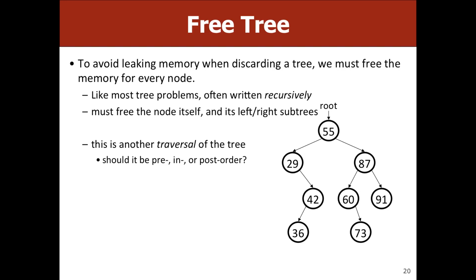I don't know where they came up with pre and post though. So if you are trying to check if your tree is a binary search tree, maybe we should be using some sort of in-order traversal to see if the elements we're looking at are actually in order. That's exactly right. And you'll see a problem like that on your section handout.